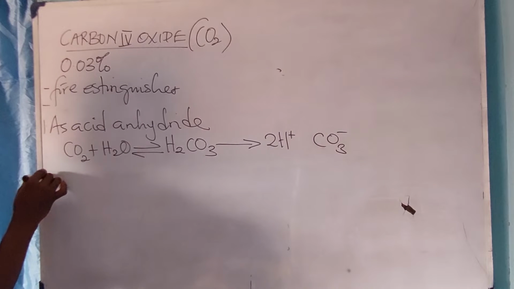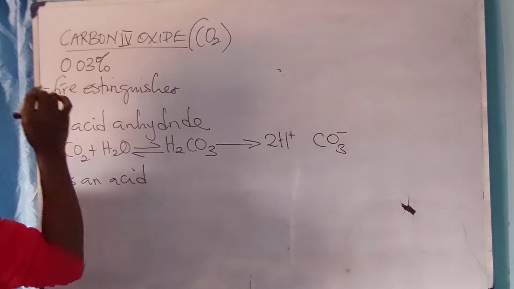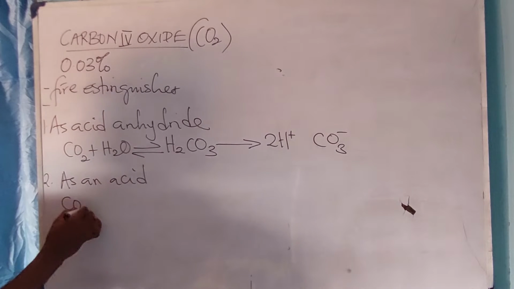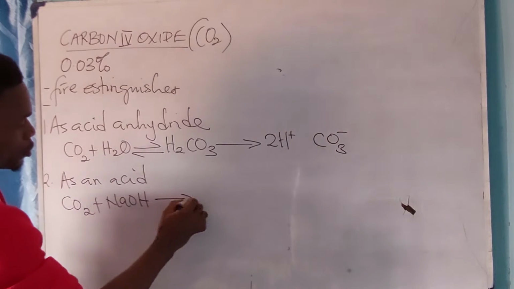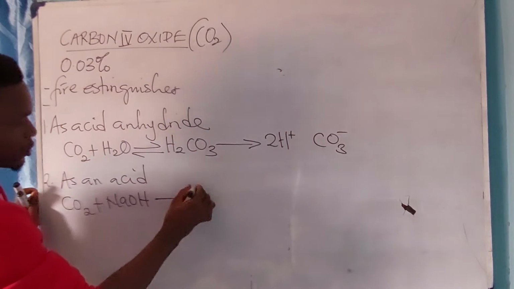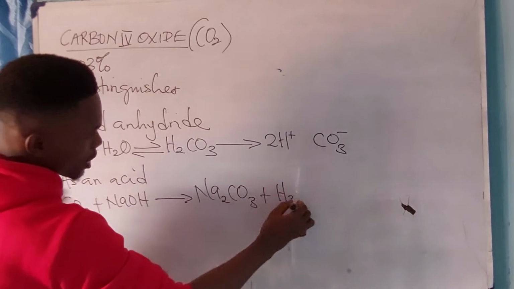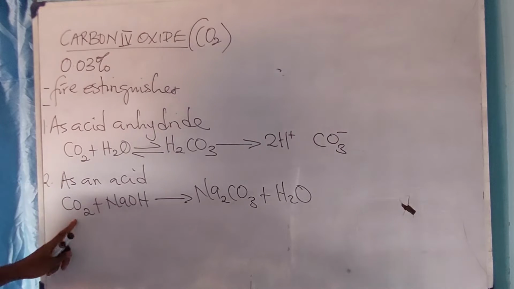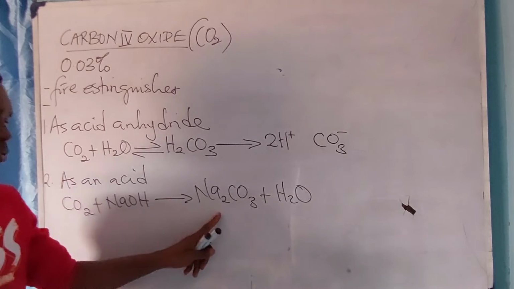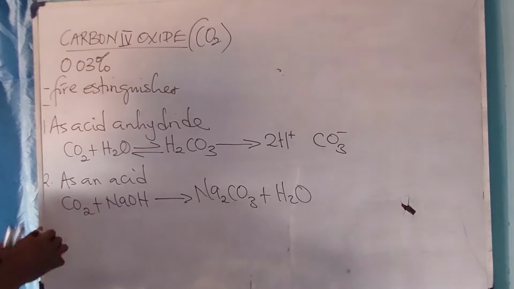Then as an acid, it reacts with a base to produce salt and water. The reaction between an acid and a base to produce salt and water only is called a neutralization reaction.